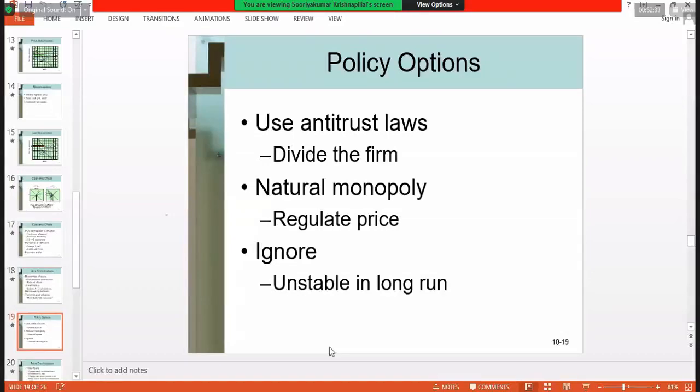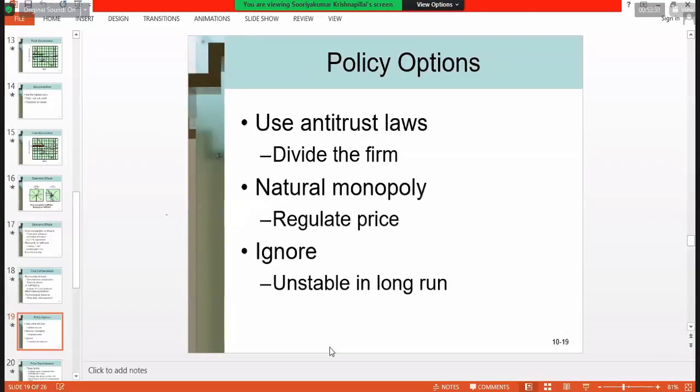Earlier, Microsoft, the software firm, and another firm, hardware, I think IBM. They didn't allow Microsoft and IBM to merge. By antitrust law, they didn't allow two big firms to become one firm.